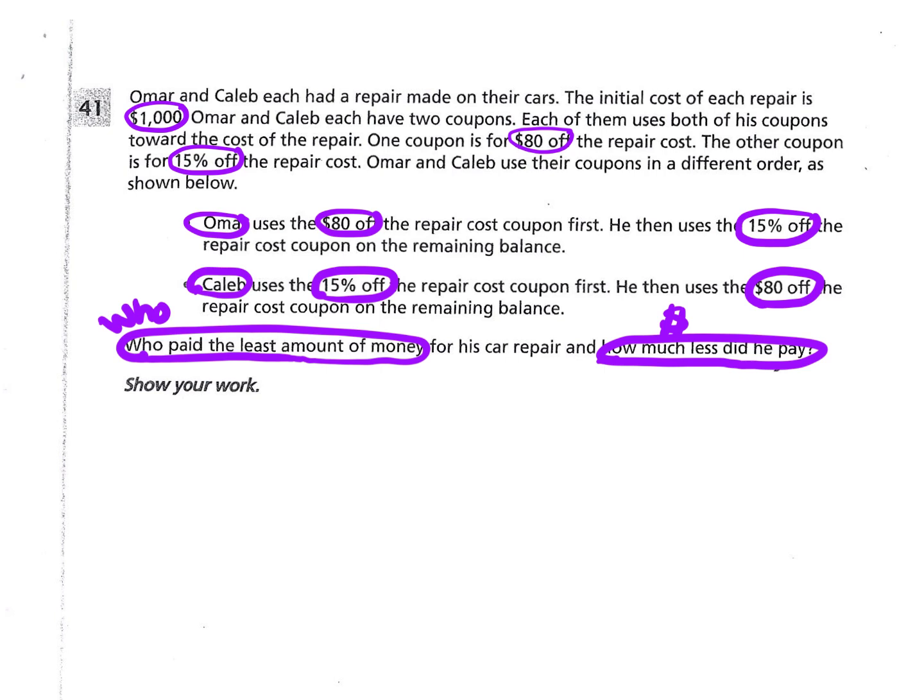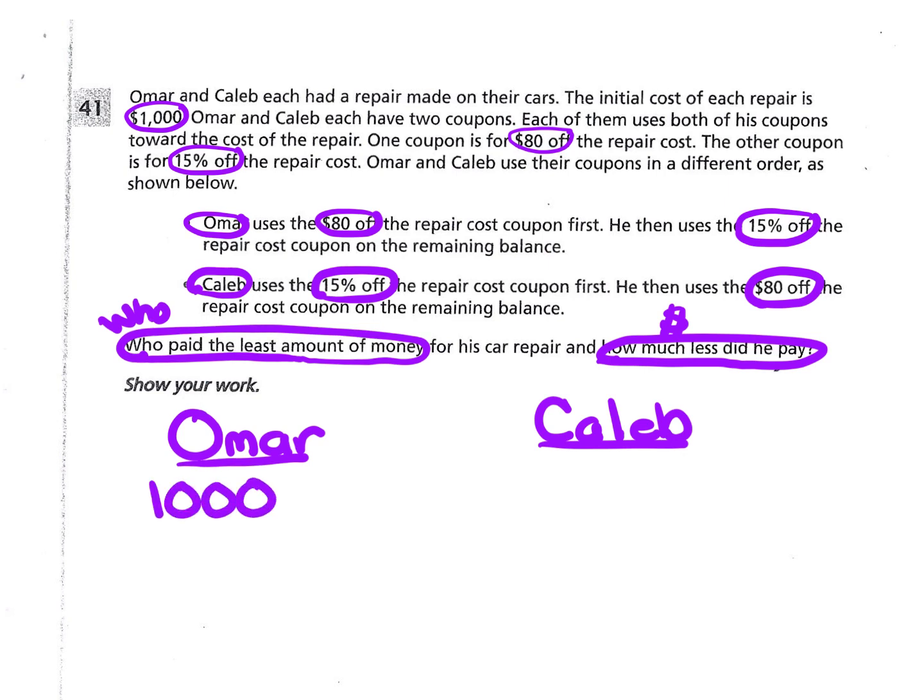When you're doing a comparison problem such as this, let's put Omar on one side and Caleb on the other. Now, Omar had $1,000 worth of repairs done. He decides to use the 80 off first.